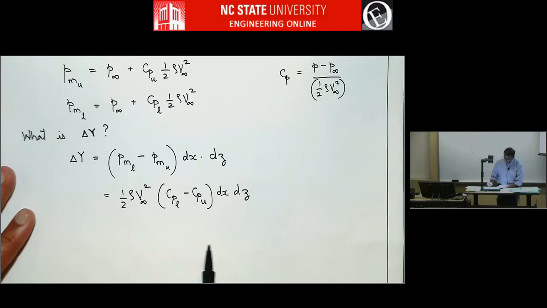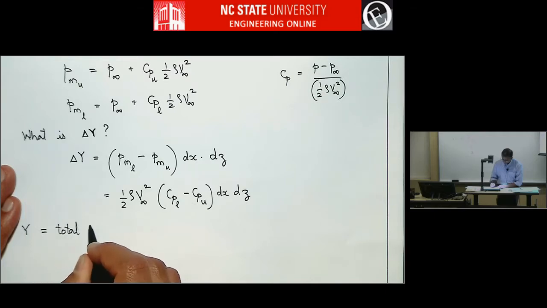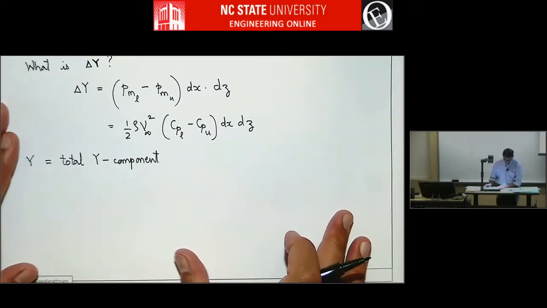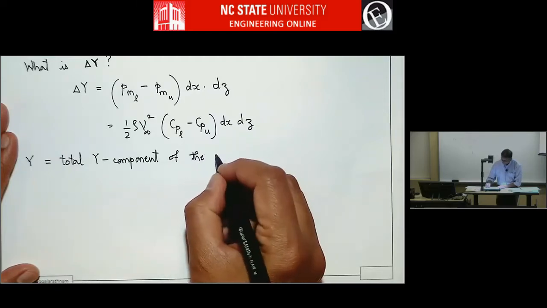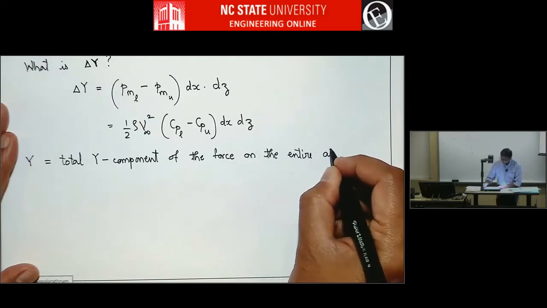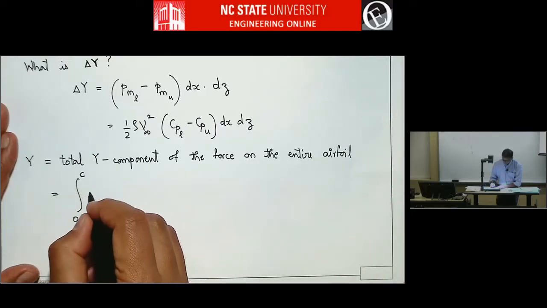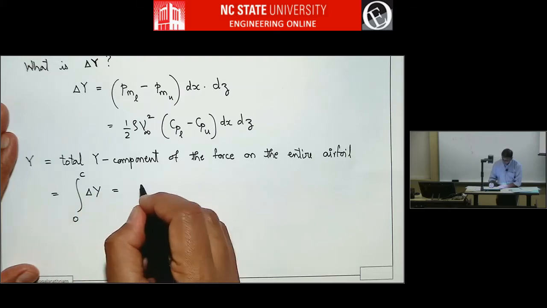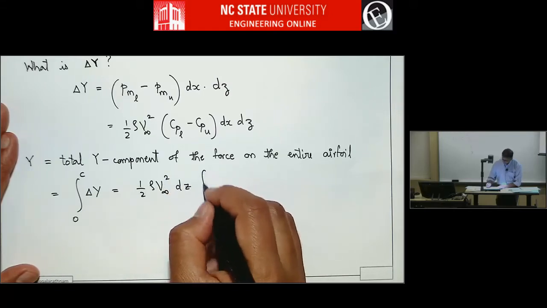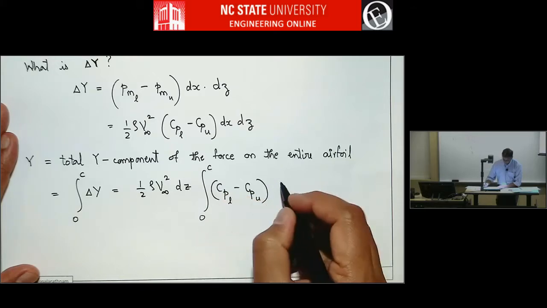So now we can say this is on the element. The total Y force, the total Y component of the force on the entire airfoil, will be the integral 0 to c of delta y, and that is half rho V infinity squared dz times the integral 0 to c of CPL minus CPU dx.